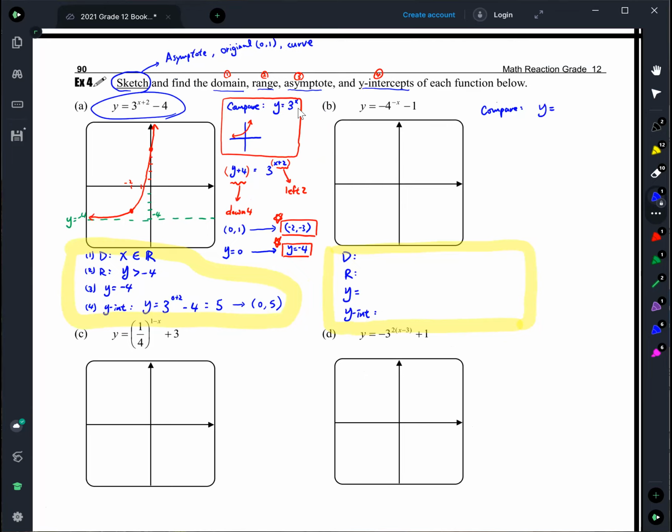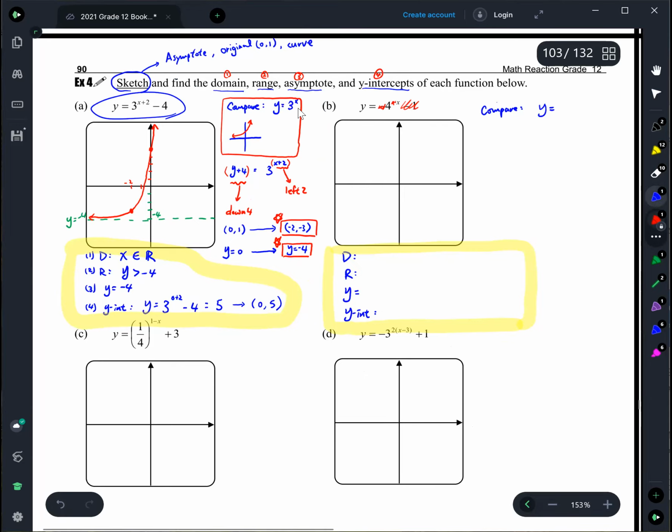Y equal to -4 to the power of -x. Okay, if we make it simpler, take away the -1, take away all the negatives, then it's just a simple y equal to 4 to the x.